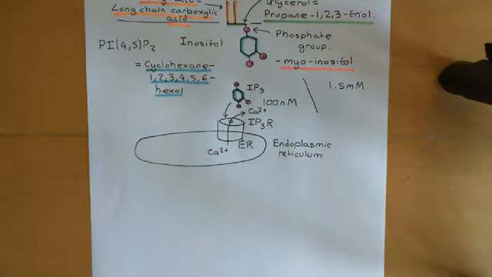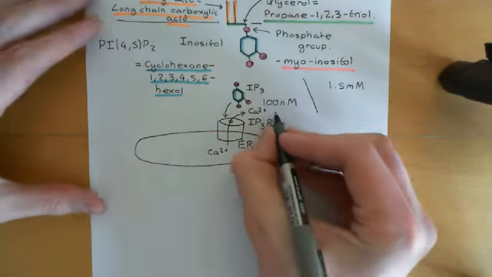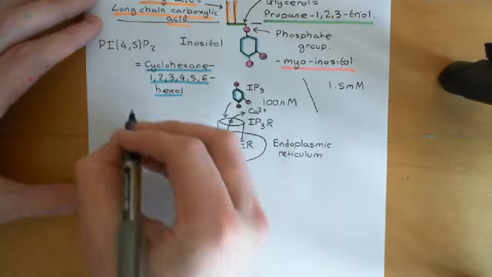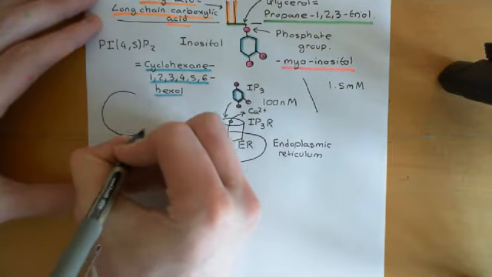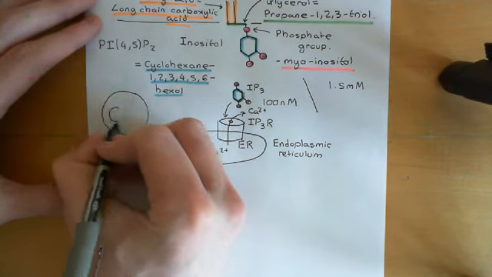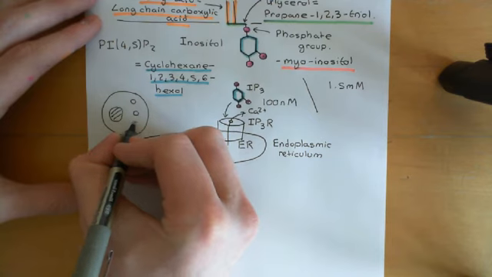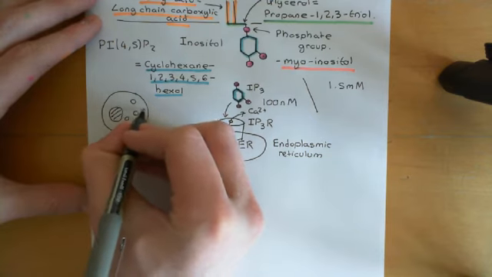Now, the effect that we are most interested in is that it causes the degranulation of these histamine-containing granules. So if I draw a picture of a mast cell again, here's our mast cell, here is its nucleus. Remember, the mast cell is full of these granules containing histamine.